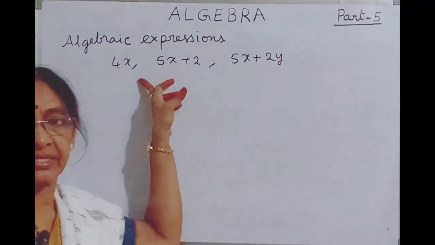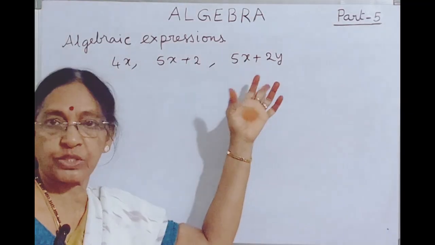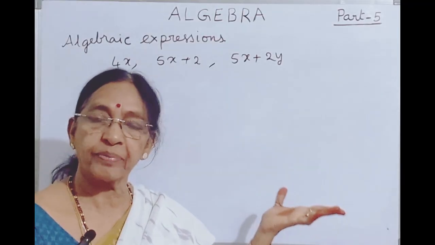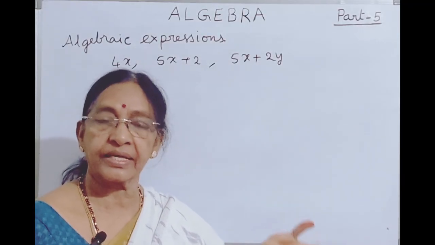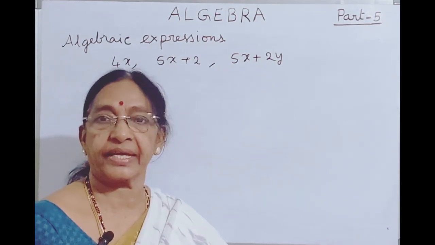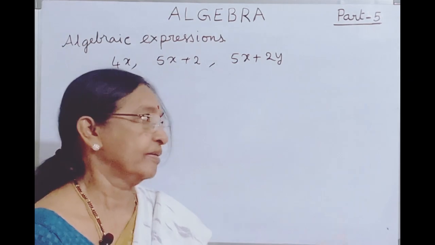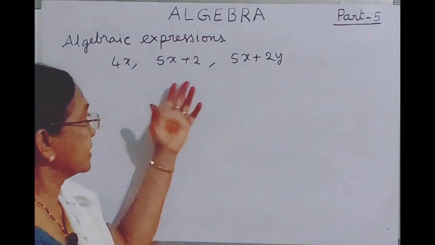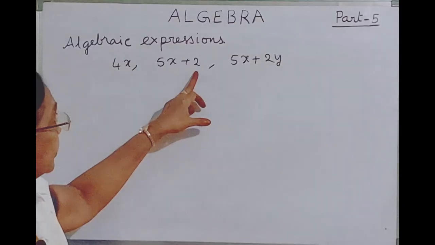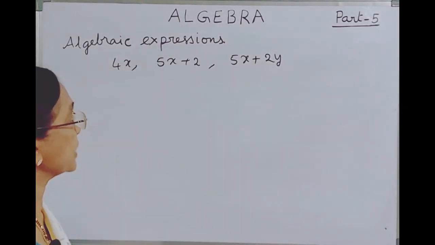Expressions like 4x, 5x plus 2, 5x plus 2y are called algebraic expressions. Algebraic expressions contain constants, that is numbers, and variables like x, y, etc. So these are algebraic expressions. 5x and 2 are called the terms of the expression.